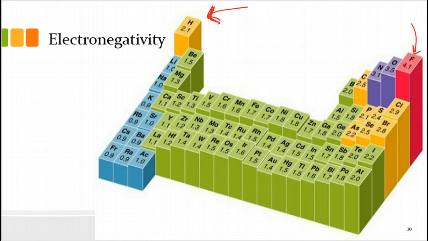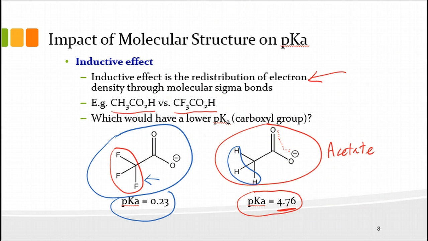So what that means to us, if we go back to our structures, is these fluorines are very electronegative. They're going to pull electron density toward themselves with a much stronger attraction than will hydrogen. Hydrogen will pull some electron density toward itself, but fluorine will pull a lot more. So where a hydrogen pulls some electron density away from this negative charge, fluorine pulls a lot more away from that negative charge.